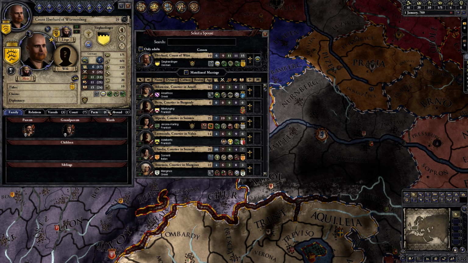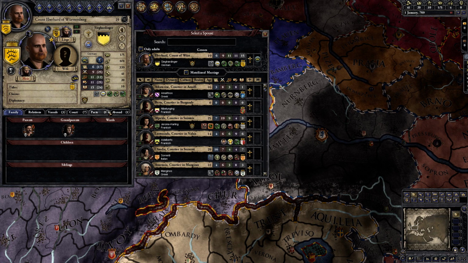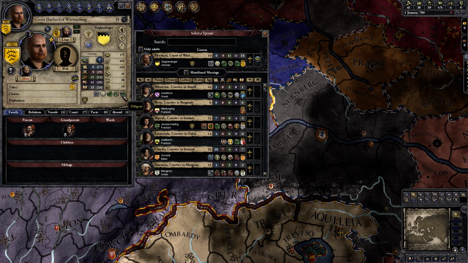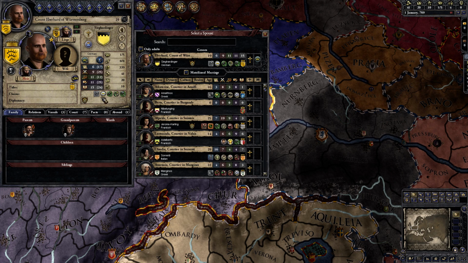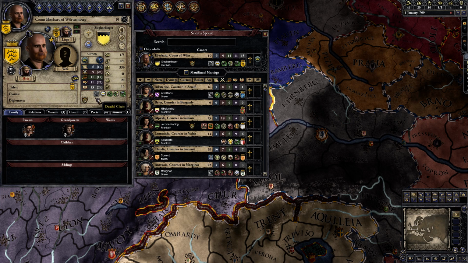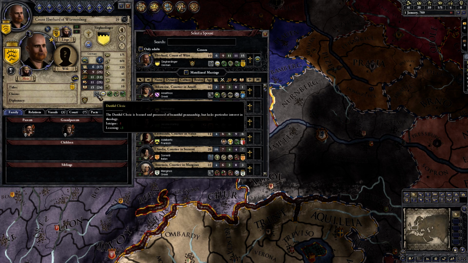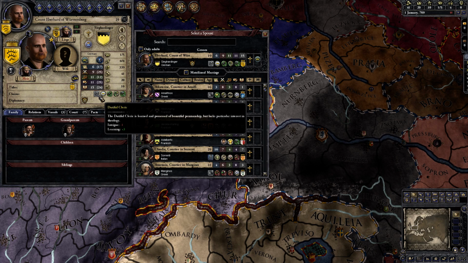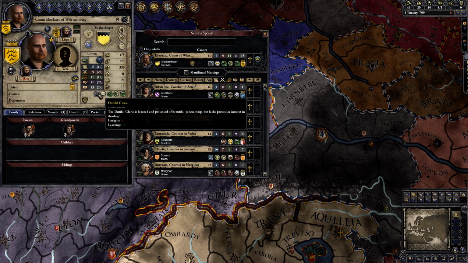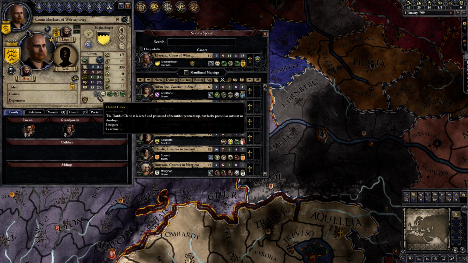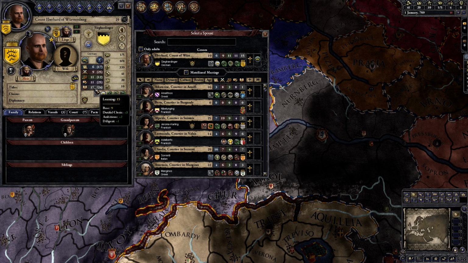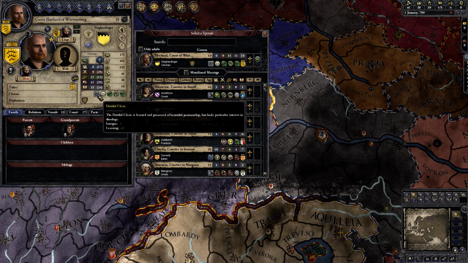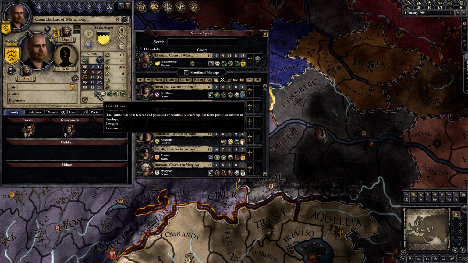So we want a wife with good stats, good traits. And what are traits? Traits are these little pictures here, and they describe our character. Our character is a beautiful cleric, which is the second level of the learning focused characters.